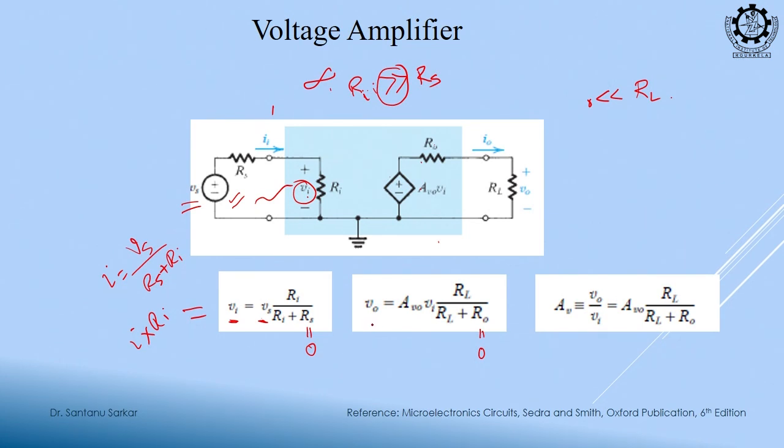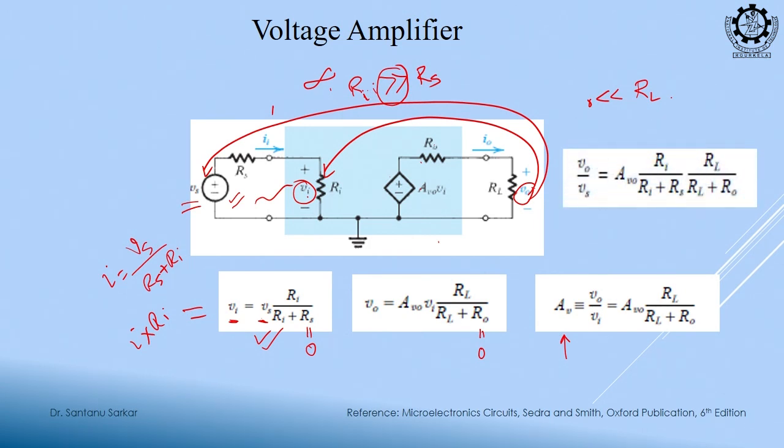Now, this is V0 with respect to Vi. So this is my AV voltage gain, V0 with respect to Vi, AV. But if you want to get V0 with respect to Vs, another term will come. You have to replace this Vi by this equation, right. Only mathematics, nothing else. So another term will get added, agree.